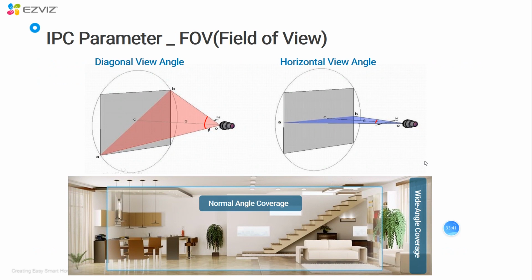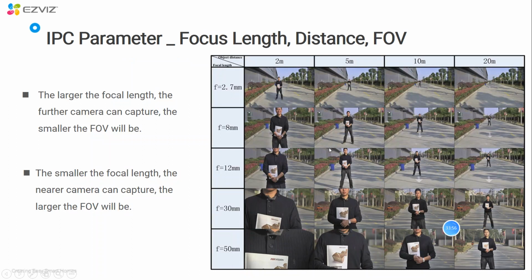From the camera lens, there are two fields of view. The first one is the diagonal view angle, and the second one is the horizontal view angle. And there's a relationship between the focal length, distance, and FOV, field of view. You can refer to the film here.